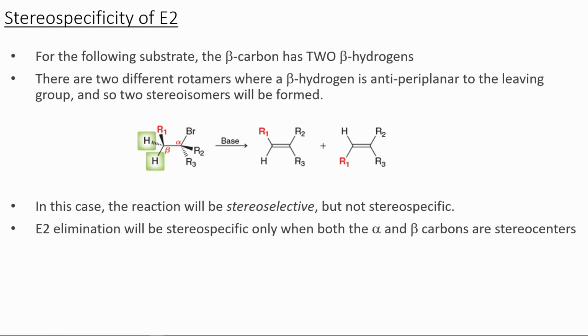This reaction will be stereoselective, but not stereospecific. We're only going to have a stereospecific reaction when both the alpha and beta carbons have stereocenters. Because this beta carbon has 2 hydrogens attached, it is not going to lead to a stereospecific reaction.